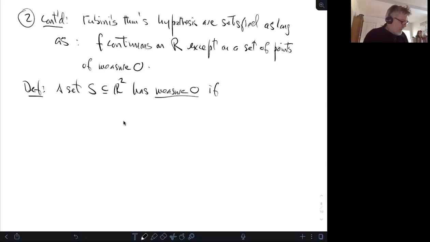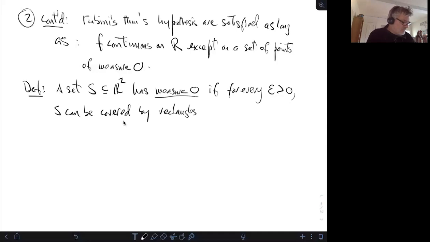So how do I state that? So if for every real number, which we'll call epsilon, S can be covered. I'm going to give you examples. You'll see it's kind of cute, not so difficult to understand. So for every epsilon greater than 0, S can be covered by rectangles with total area less than epsilon.